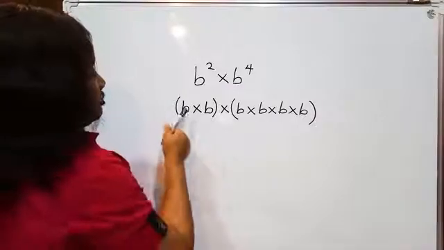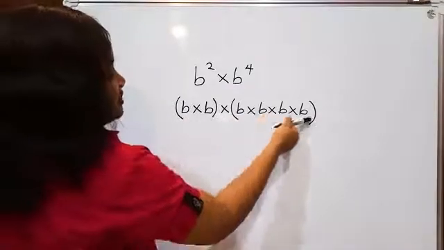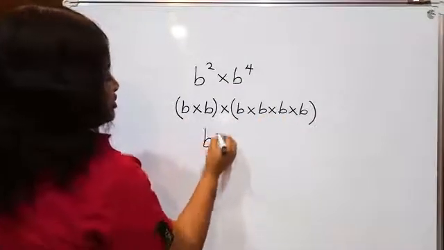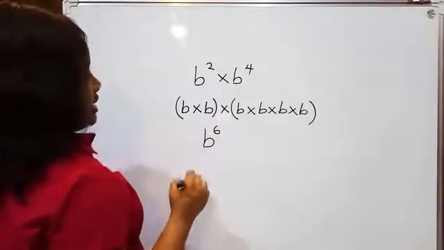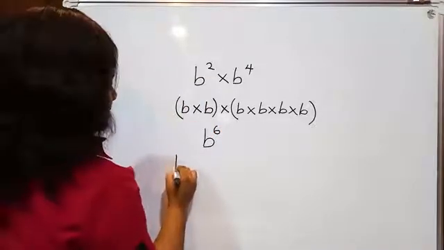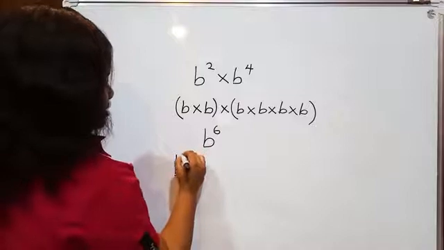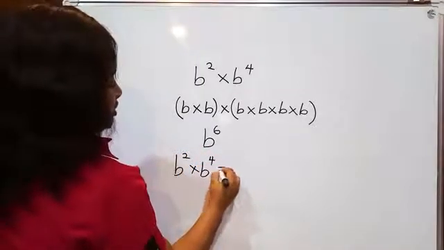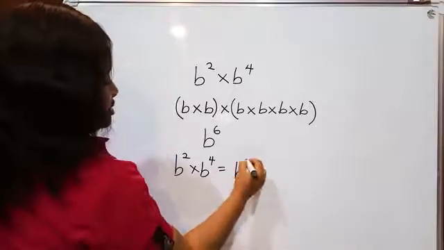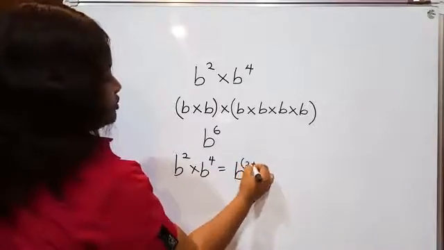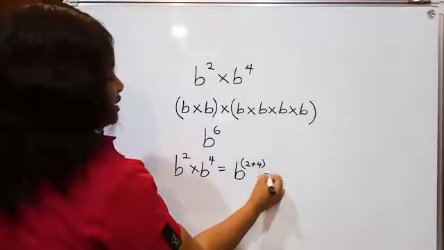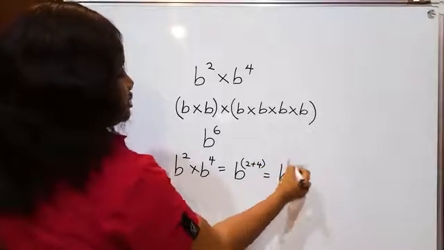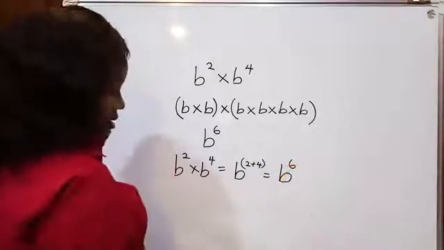So at the end of the day, you have 1, 2, 3, 4, 5, 6. You have b raised to power 6. And when you look at it again, you see that b squared times b raised to power 4 equals b raised to power 2 plus 4, and it gives us b raised to power 6.